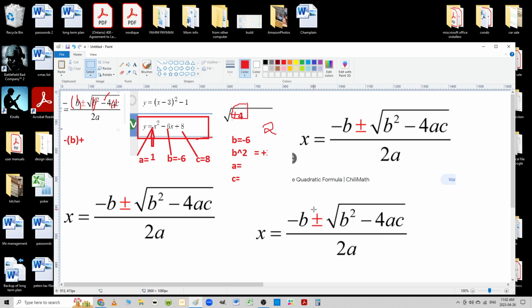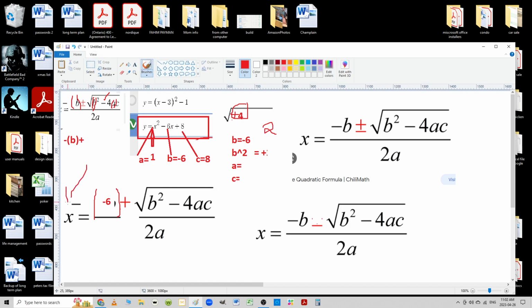So we're going to just do this version that's minus and this version that's plus. Well, let's keep that negative sign separate. Let's try to remember what our b was. Our b was minus 6. That's why I like to keep it in brackets. So wherever I see b, I'm going to replace it with what I know my b is in the formula. It's minus 6. Well, this minus out front of this minus 6 is separate.